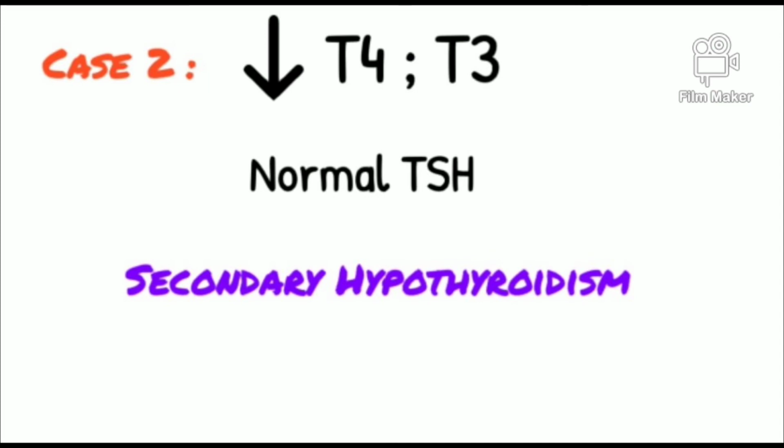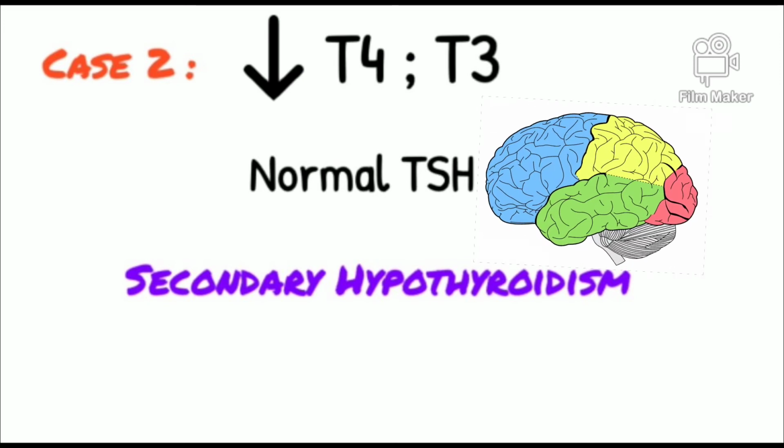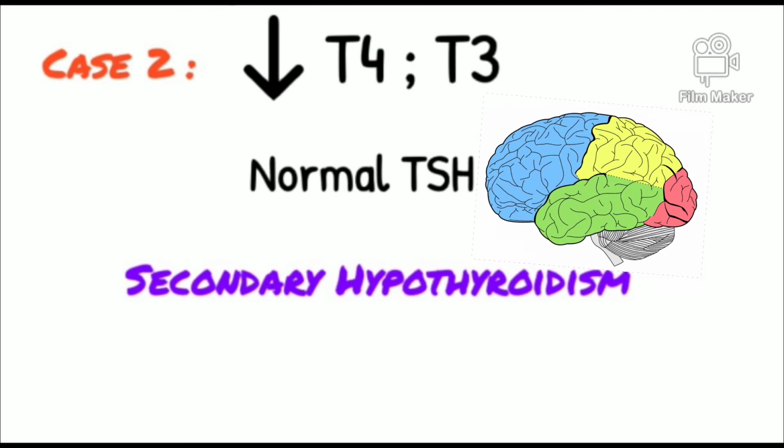So we can assume that there is a problem in the pituitary gland in the brain. So we categorize this condition as secondary hypothyroidism. In these cases, doctors refer them for an endocrinologist's opinion.